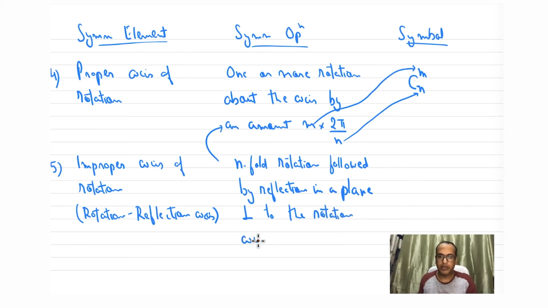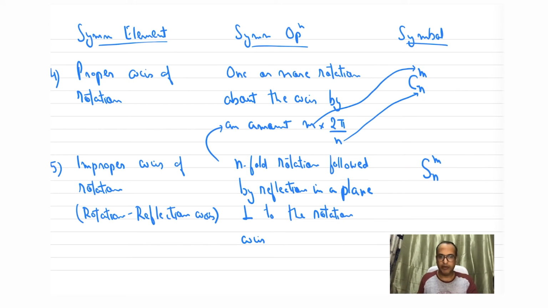We will see this again with examples. In the same nomenclature as C n m, this is described as S n m: m times 2 pi by n followed by a reflection in a plane perpendicular to this rotation.